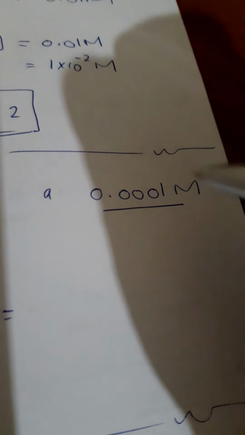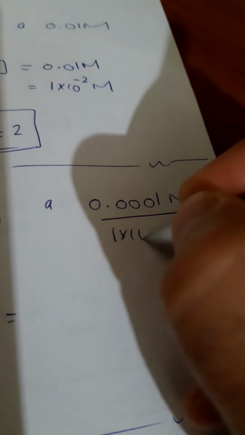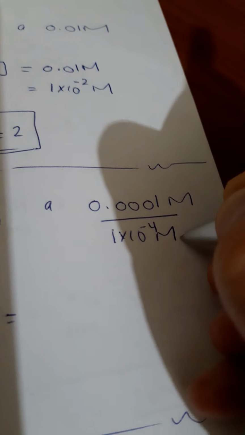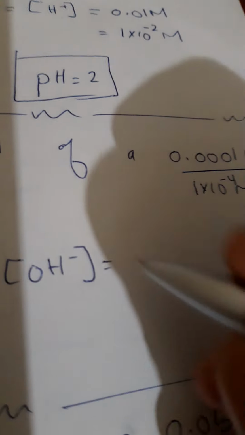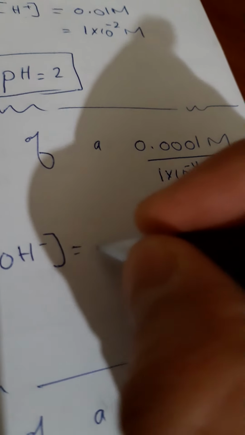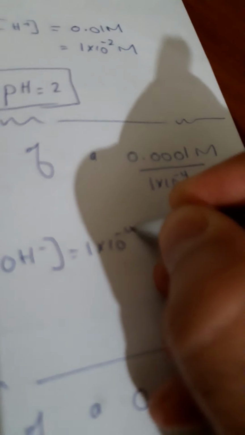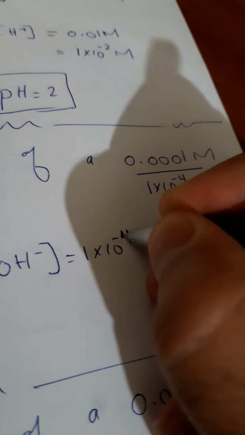So using scientific notation, this changes to 1 times 10 to the power of negative 4. So we have concentration of OH minus 1 times 10 to the power of negative 4.